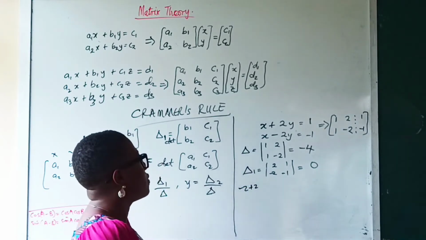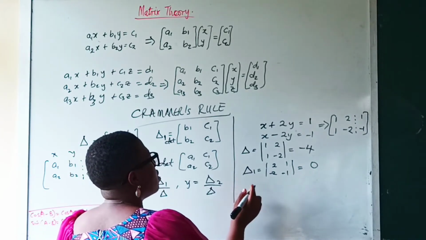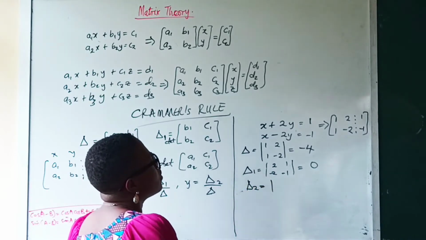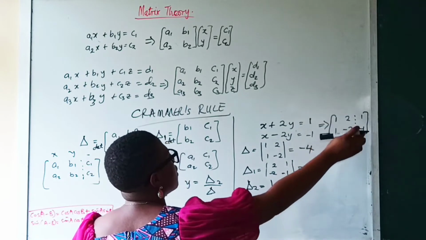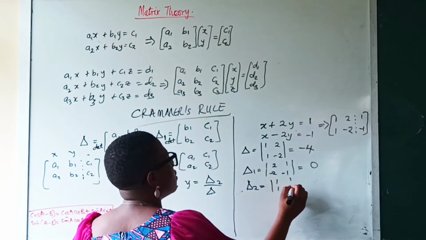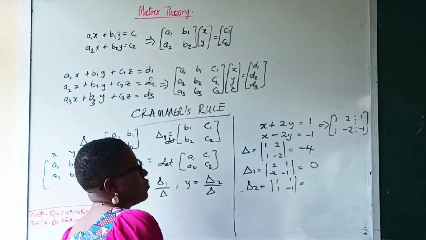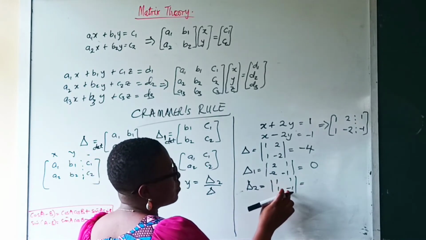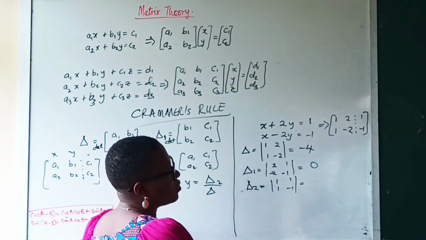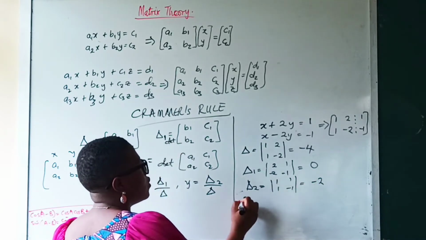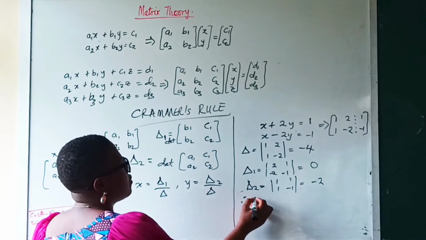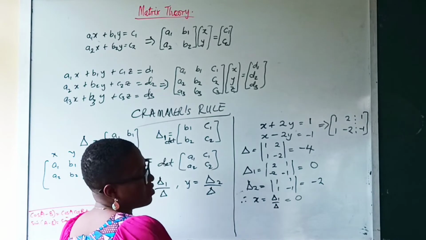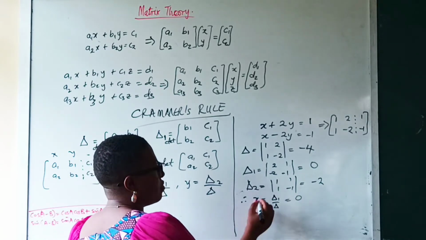Delta 2 is closing this column and having 1, minus 1. So that gives minus 1 minus 1, which is minus 2. Therefore x, which is delta 1 over delta, is equal to 0 over minus 4, which is 0.